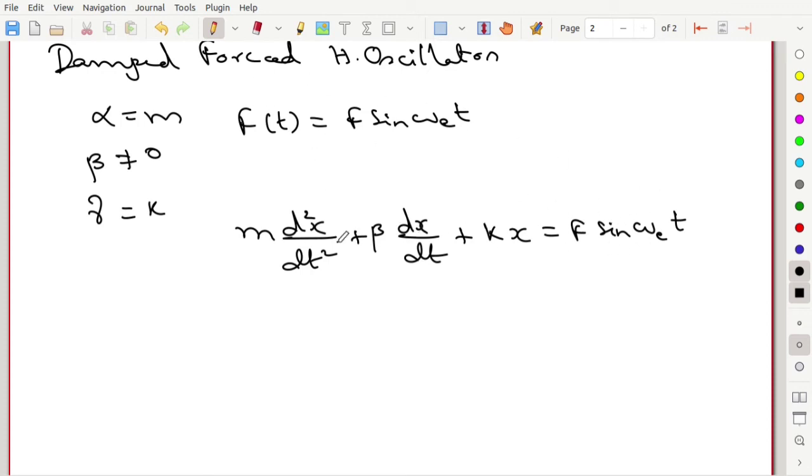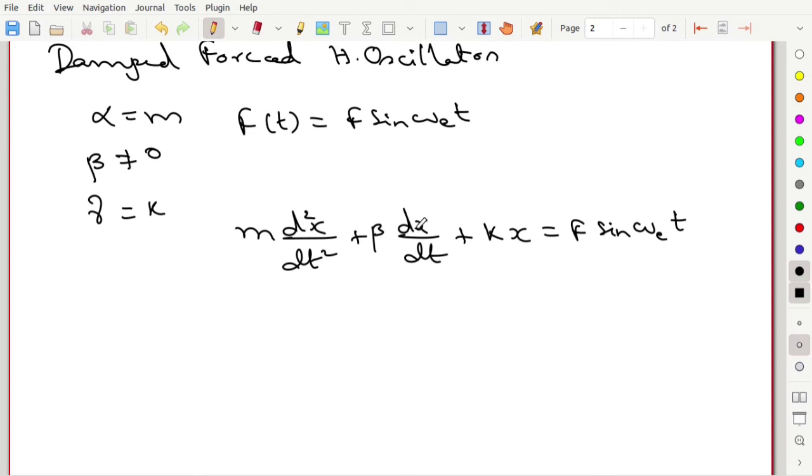It's a general harmonic oscillator equation. Whenever we have a differential equation with a velocity term, it is generally represented as a damped one, and this beta is called the damping coefficient, because the frictional force is always proportional to the velocity.